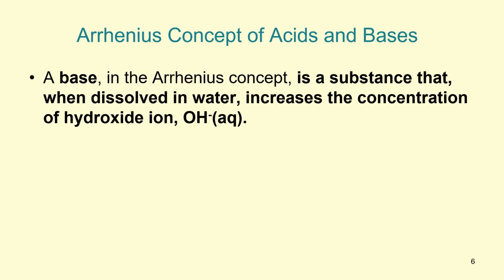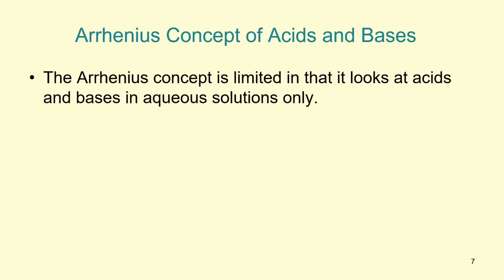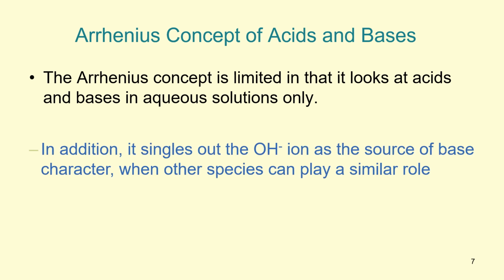So a base then, according to Arrhenius, is a substance that, when dissolved in water, increases the concentration of hydroxide ion, or OH negative. So the Arrhenius concept is very limited. It only looks at acids and bases in aqueous solutions only. And it's kind of hard to tell sometimes. For example, NH3 is a base.